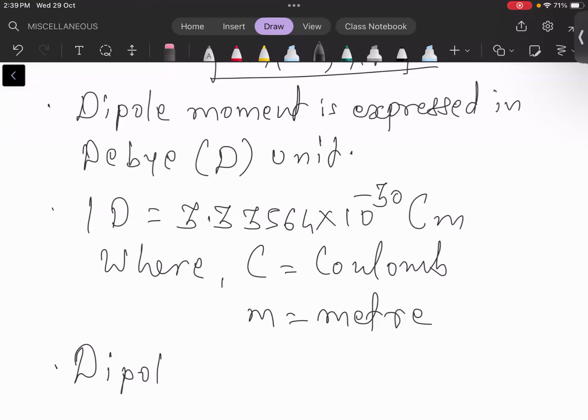So dipole moment is a vector quantity. What is a vector quantity? A quantity which has both magnitude as well as direction is called a vector quantity.